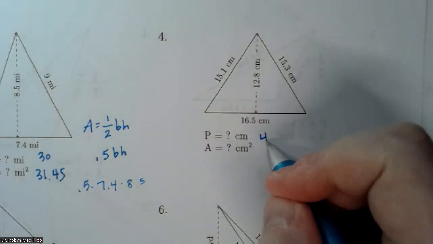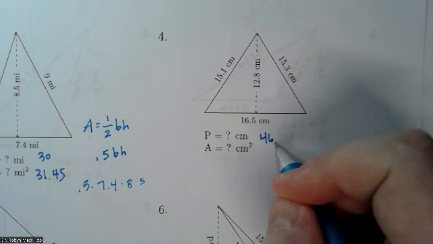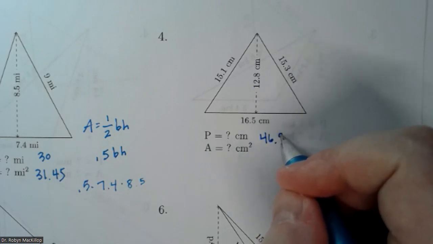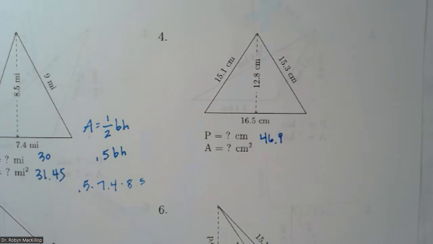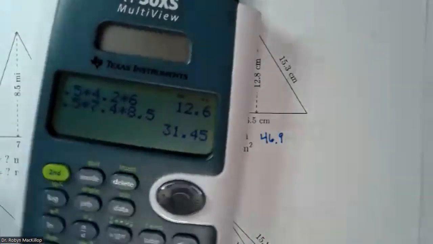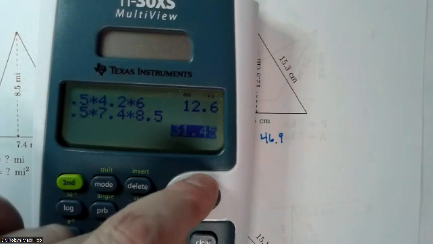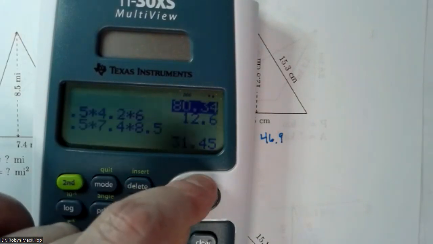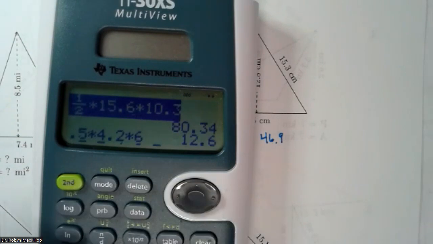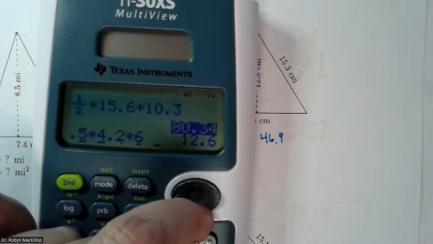And again, use your calculator. Don't do things in your head if you don't need to, because a calculator will be more precise. And the nice thing about a physical calculator like this is you can go up and check to make sure that you input everything correctly.